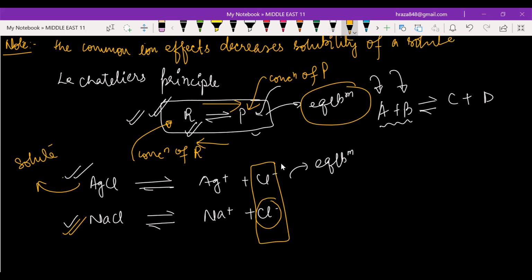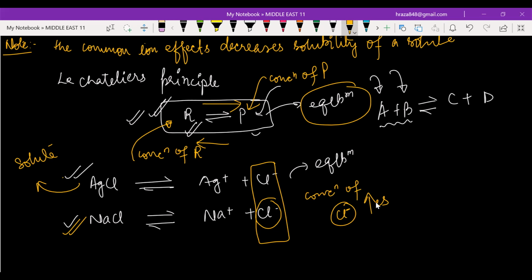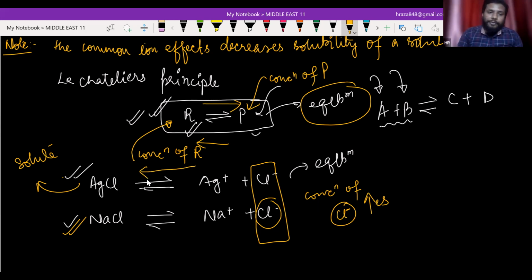Now if it is common ion, then concentration of chlorine Cl- increases on the left hand side, right? Now what will happen? It will disturb its equilibrium, so it will move to the left hand side.